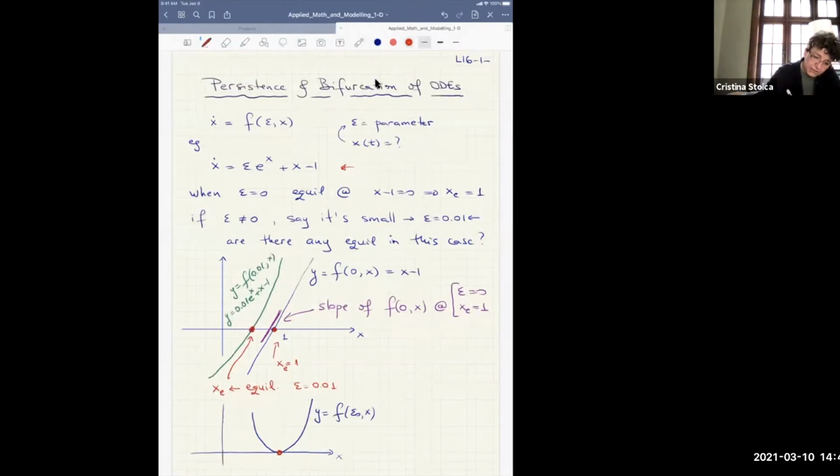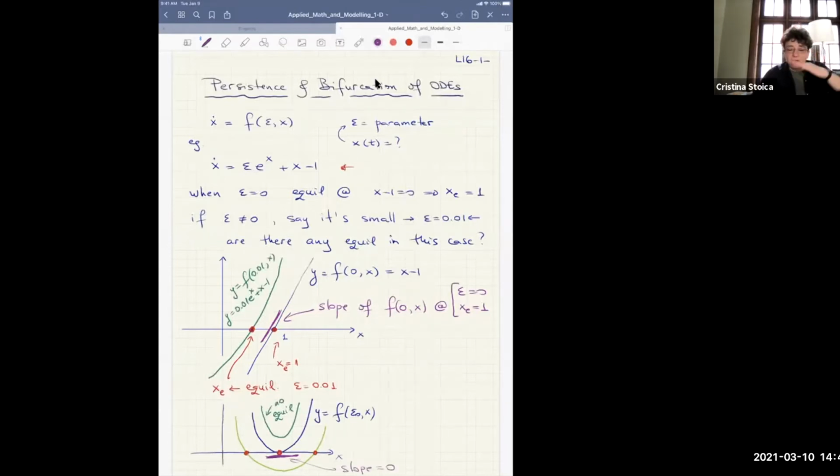And then when we jiggle a bit, when we make epsilon non-zero, this function will either go up and then there is no equilibrium, no cut with the x axis. And on the other side, we jiggle it the other way, we have two roots appearing. So you can see that stuff can happen. And this is basically because the slope here is 0.